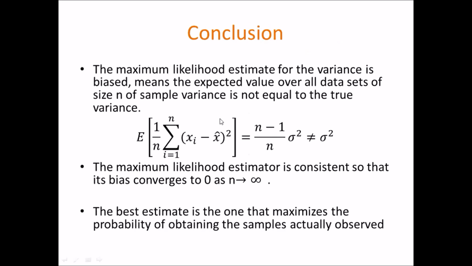And then the maximum likelihood estimator is consistent. That means its bias converges to 0 as n increases. When n goes to infinity, the bias converges to 0. Means we are going to obtain a more accurate value when the number of samples increases.